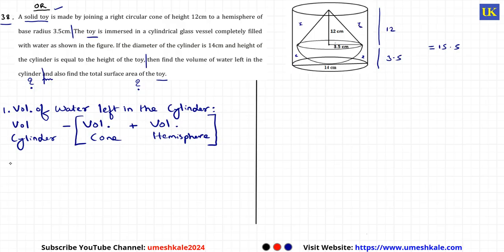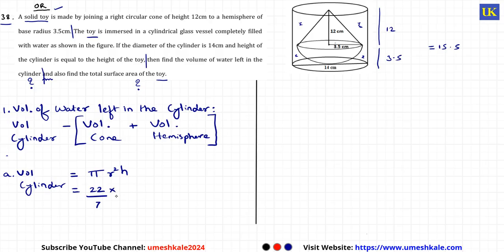Now we'll go step by step. First we'll find the volume of cylinder. The formula is pi r square h. Nothing is mentioned for the pi value, so take 22 by 7.